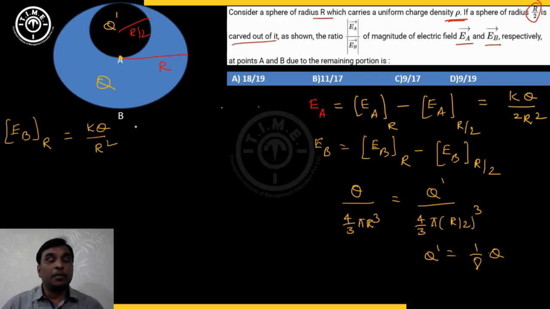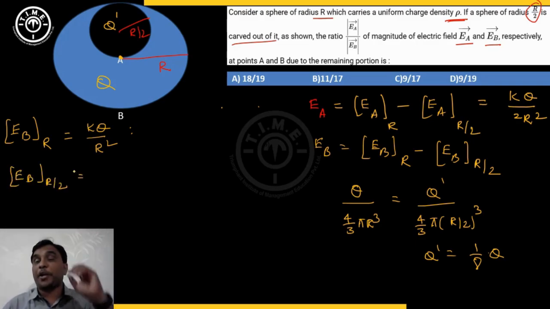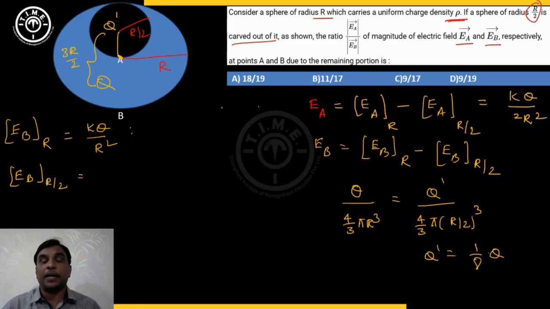When you look at point B from the center of the smaller sphere, it is outside, at what distance? At a distance of 3r by 2. This is r by 2 and r plus r by 2 is 3r by 2. So outside it is K Q prime by the distance square, where the distance square is 3 by 2 r whole square.